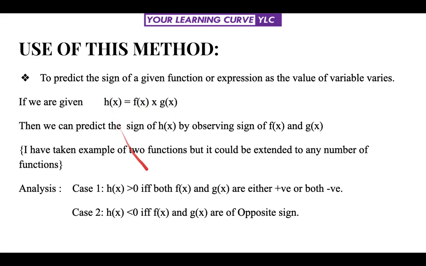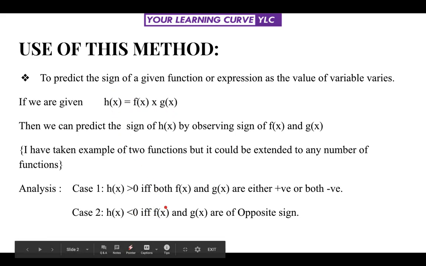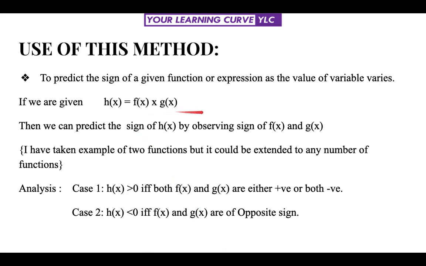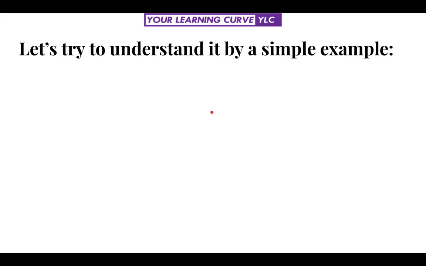If h(x) is to be negative, then f(x) and g(x) must be of opposite sign. That is, if f(x) is positive, then g(x) must be negative, and if g(x) is positive, then f(x) must be negative. Now let's try to understand this with a simple example.